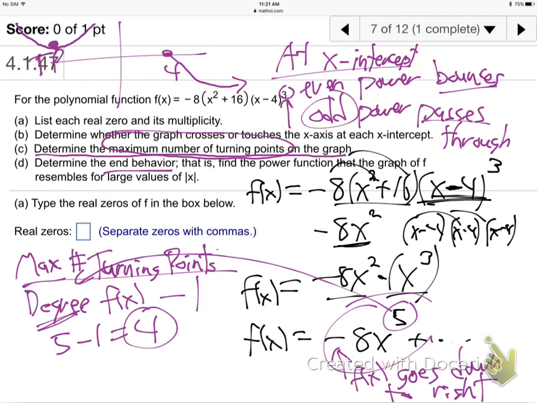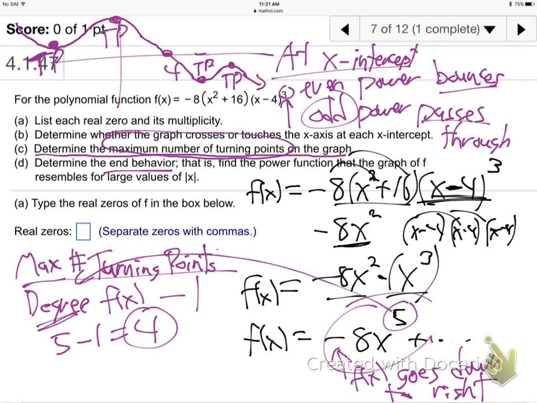I don't know what it looks like, but it could, for example, have a turning point there, and another TP here. Then it comes down and it might have another. What do we say? 4? A turning point there, and then it might come up and have another TP there, and then go down, down, down. At most, it's got 4.